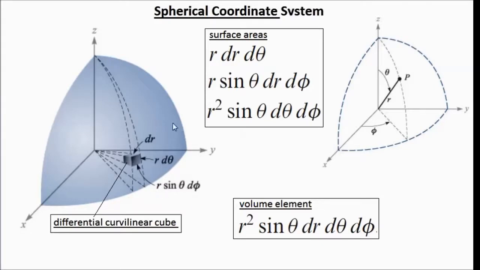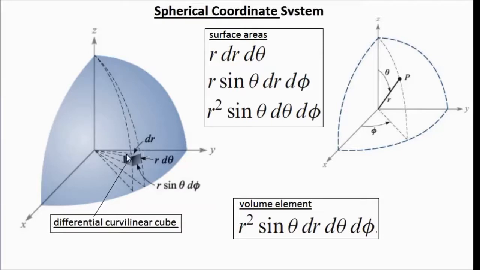Using these dimensions of the differential cube, it is possible to compute the surface areas of the differential element. So r dr d theta, for example, is the area of the face formed by the dr and r d theta sides, and equivalently the other side, which is not visible in this picture.